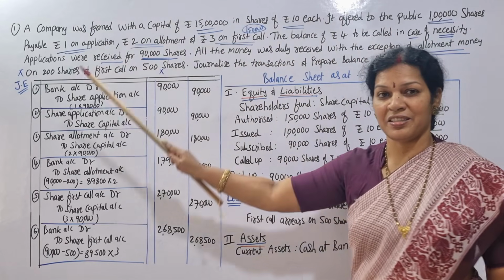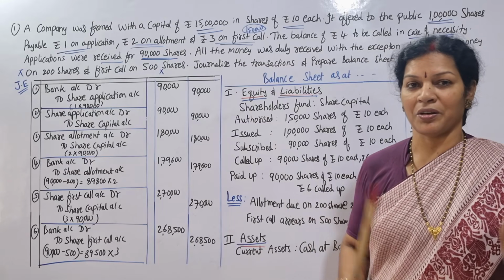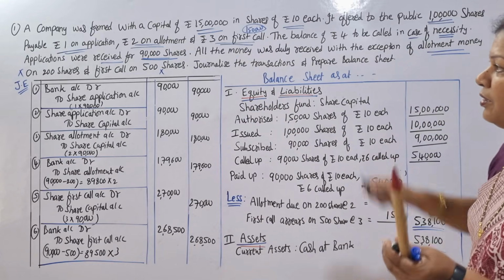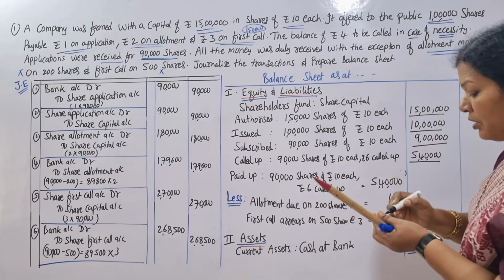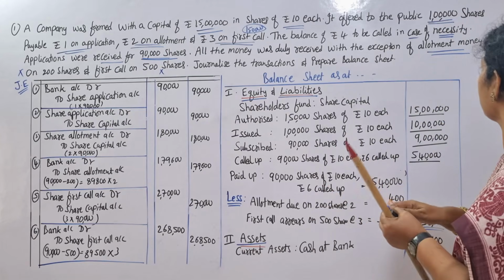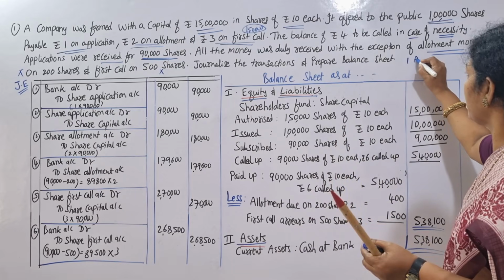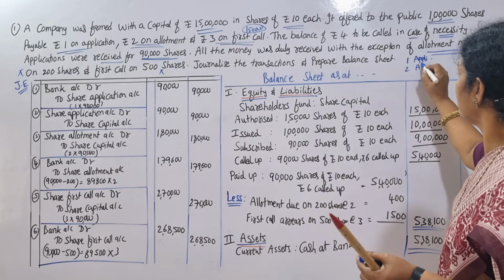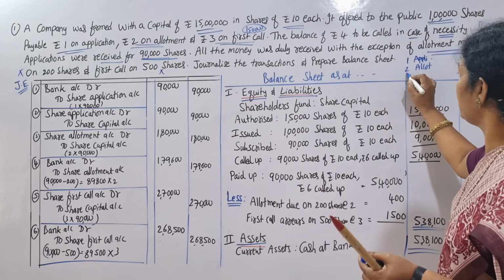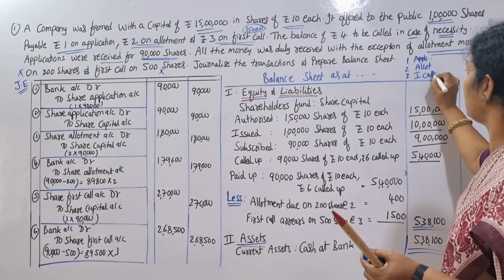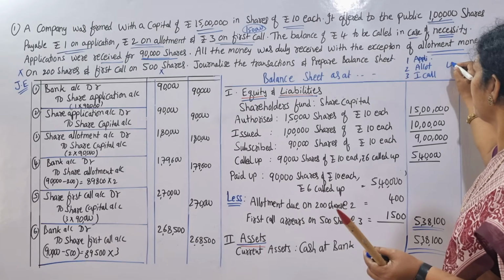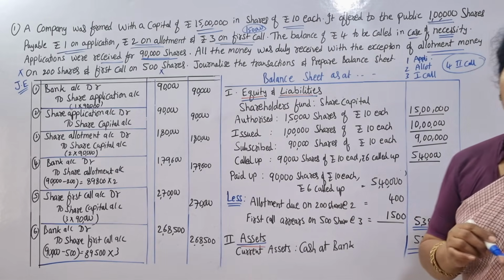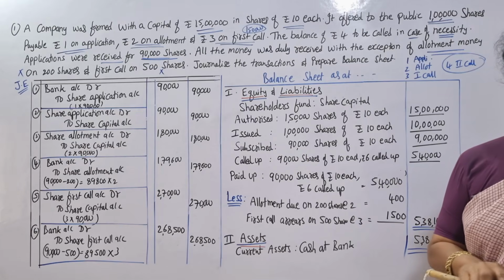What you have to do is understand the problem slowly, what they have said. The amount is payable 1 rupee on application, 2 rupees on allotment, 3 rupees on first call, and 4 rupees on second call, but right now they don't want it. When the requirement is there, they are going to call.